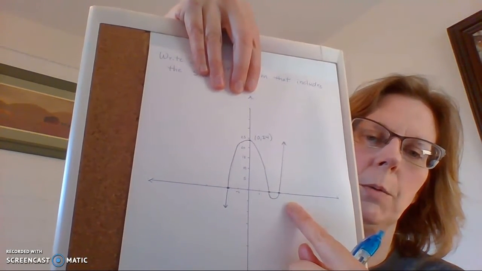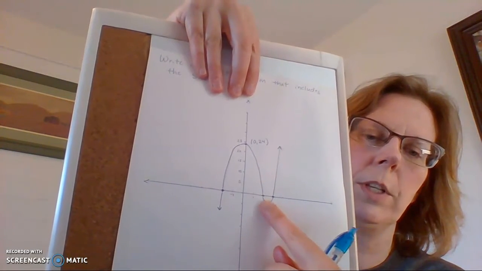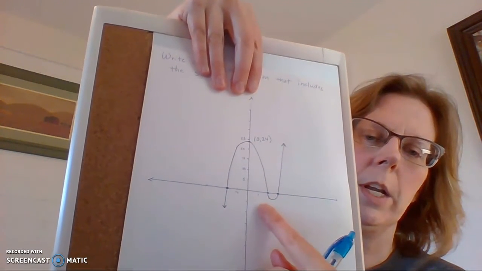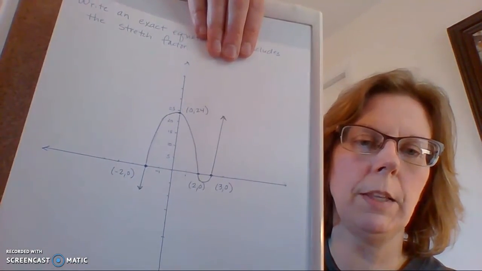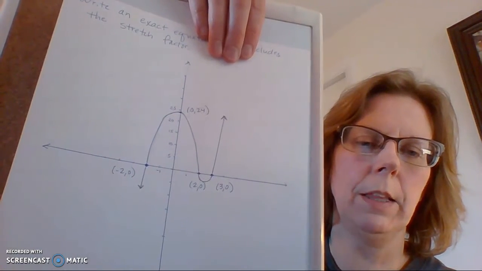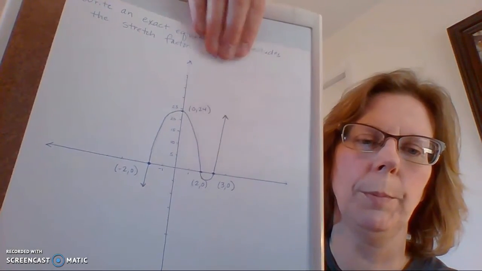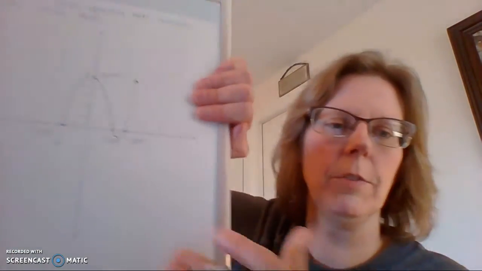So when I take these, first let's figure out who these all are. So here's -2, here's 2, and here's 3. I went ahead and labeled the x-intercepts on there. Now I need to put them back in their factored form. And that's where you set them all opposite to whatever they were.